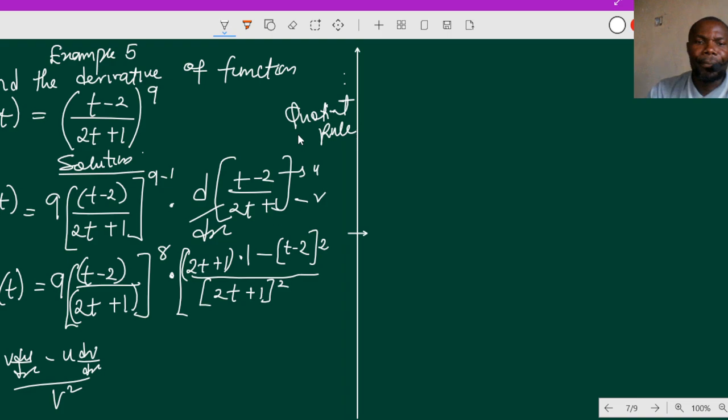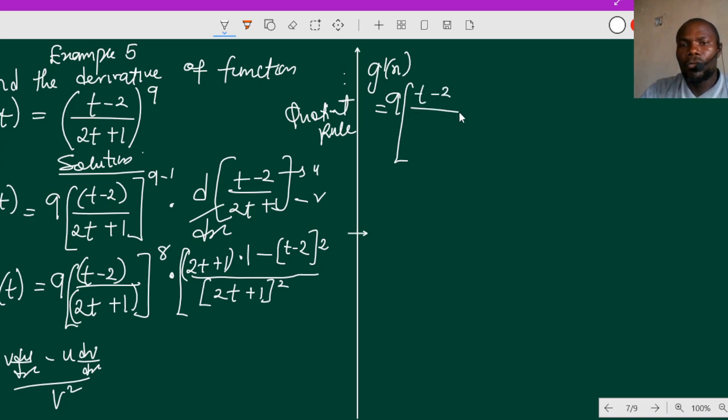Therefore, our g of x will give us 9, you open a bracket, t minus 2 over 2t plus 1 all raised to power 8 dot, you open a bracket for this.